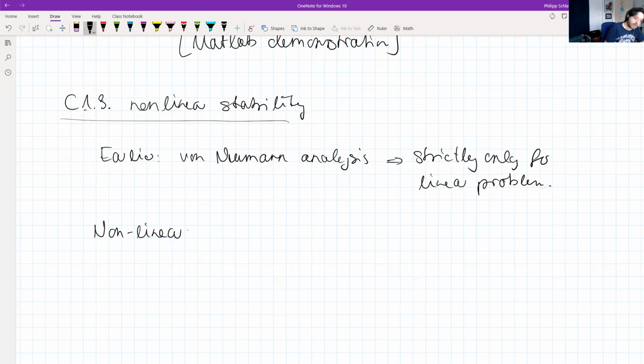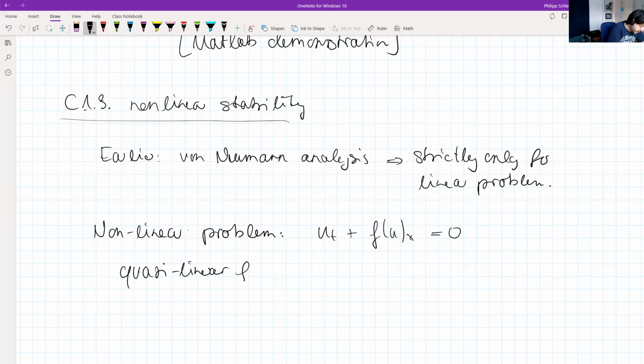So let's start with our nonlinear problem that we would like to calculate the stability of. We have u_t plus the derivative of f of u with respect to x being 0. And with this, we can also write the quasi-linear form, which is the same in the continuous sense.